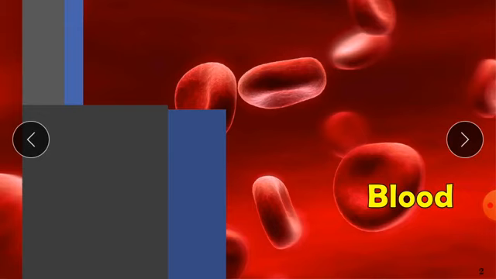If you see, blood is nothing but the liquid connective tissue and it has the extracellular matrix. The interstitial fluid bathes body cells and is constantly renewed by the blood. And blood has the major function of transportation of oxygen.